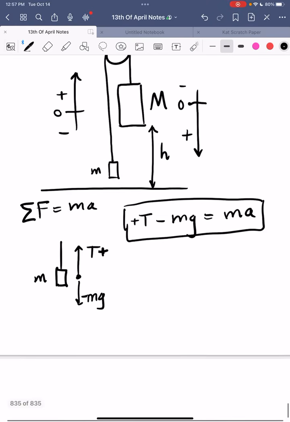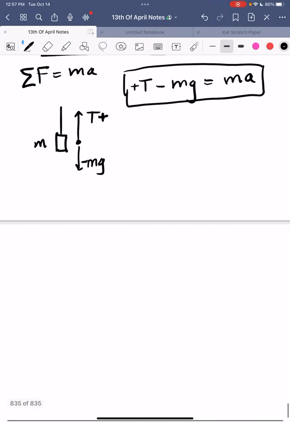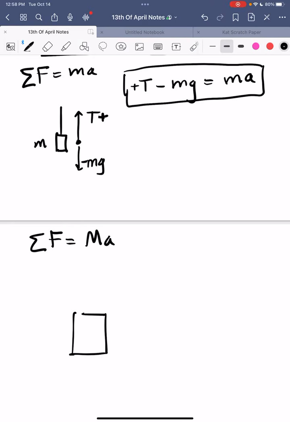Now what I'm going to do is basically the same type of thing. F equals ma. Notice I'm using capital M. So this is the sum of the forces on the big block. So the big block looks like this. It's got tension there. Free body diagram is tension that way, and capital Mg going down. And remember, the coordinate system is like this.